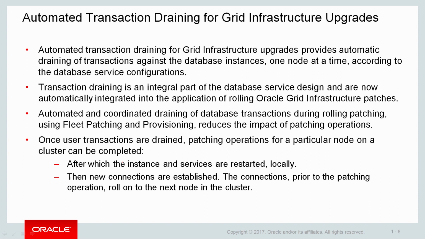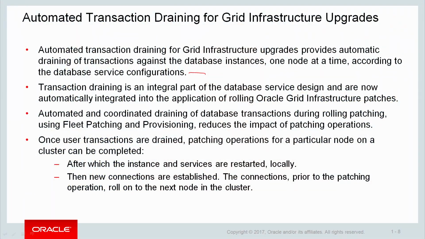So automated transaction draining for grid infrastructure upgrades provides automatic draining of transactions against the database instances, one node at a time, according to the database service configuration. There are options on the services that say how long you are prepared to wait for the drain to take place, drain timeout. The transaction draining is an integral part of the database service design and is now automatically integrated into the application of rolling Oracle grid infrastructure patches.